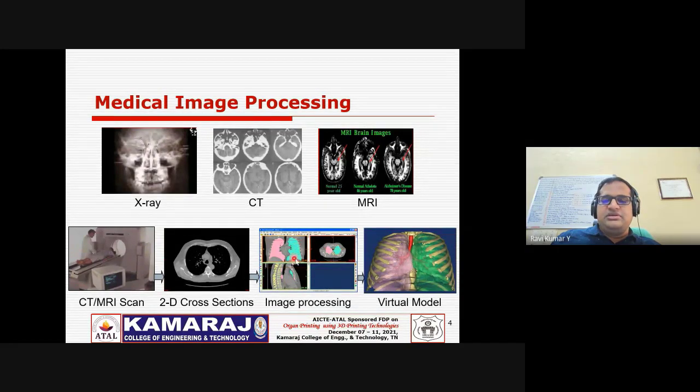Say, for example, you have taken a COVID patient's chest CT to know the level of infection that he or she is having. During your CT data collection, you may also have collected other tissues, because you have adjacent tissues like the ribs and the spine, and you have the lungs.